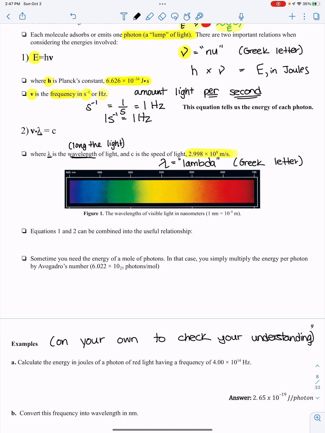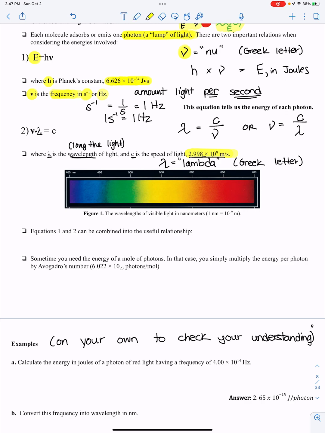Frequency times wavelength is equal to c, which is the speed of light in meters per second. I could rearrange this equation: if I want wavelength, it's going to be equal to the speed of light over nu, or frequency. Or if I want the frequency, it's going to be equal to the speed of light, which is a constant, divided by wavelength.